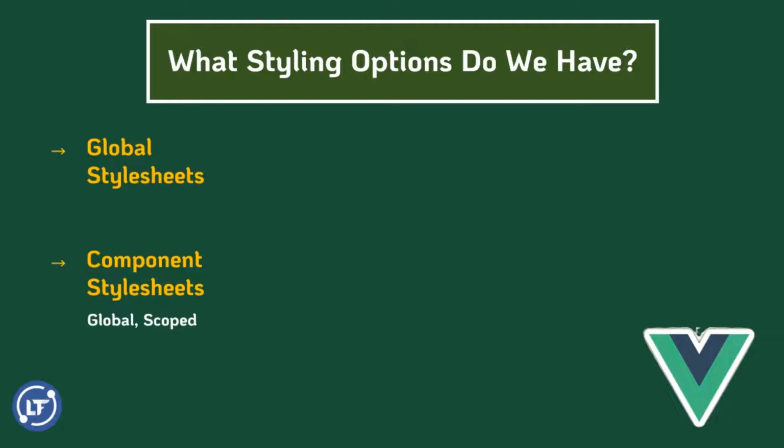Every style added by default is also globally applied. Then you can also scope this style, which I will show you, so that it only applies to that particular component.